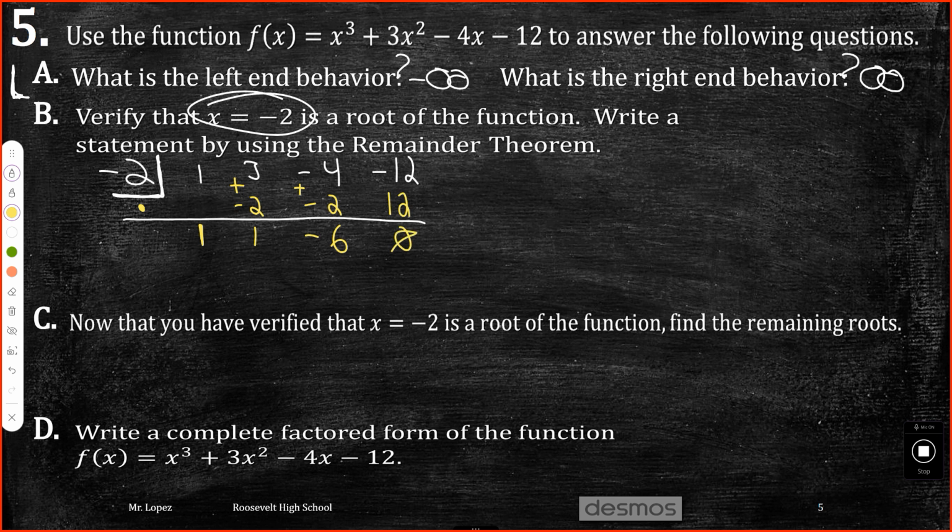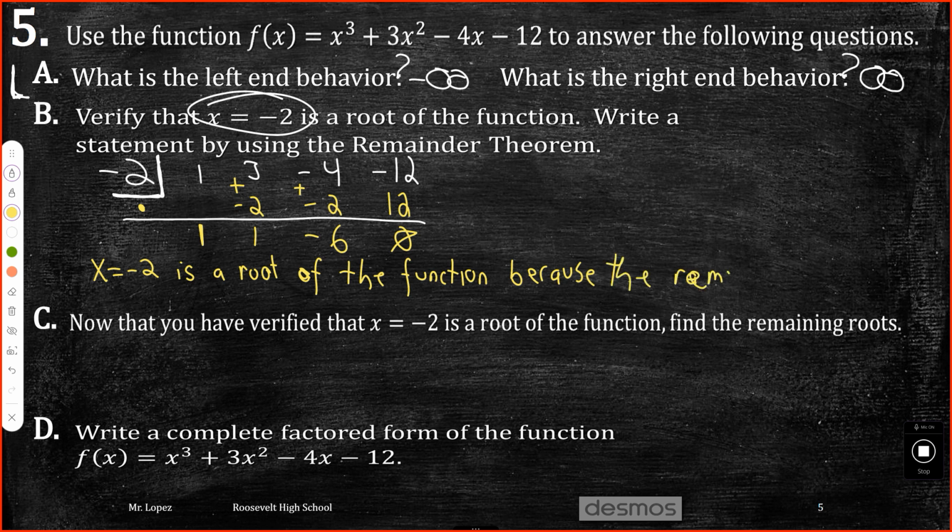So it has no remainder, no? So we're going to say that x equals negative 2 is a root of the function, because the remainder was 0 when we use synthetic division to divide.